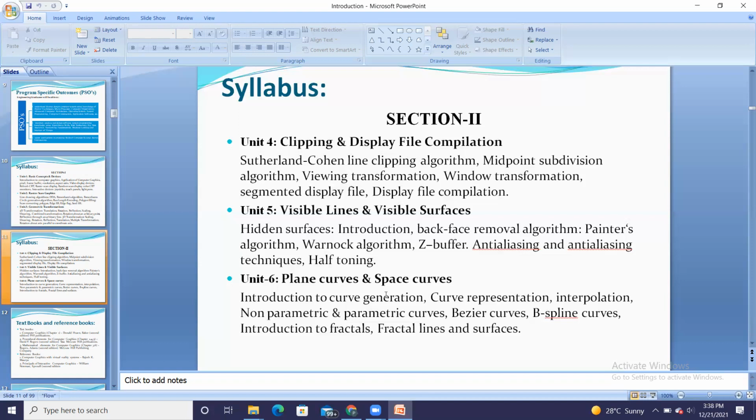So first is parametric, non-parametric type, Bezier, B-spline, and then we will move on to fractals and fractal surfaces and fractal lines. So this is the overall syllabus of computer graphics with 6 chapters.